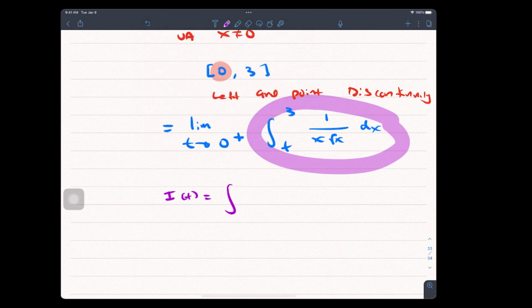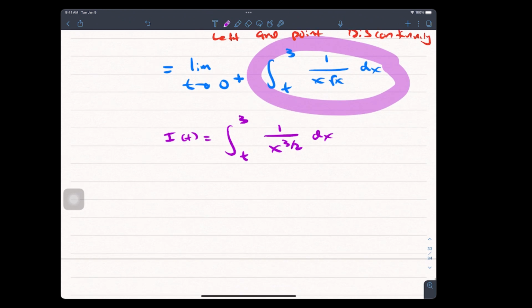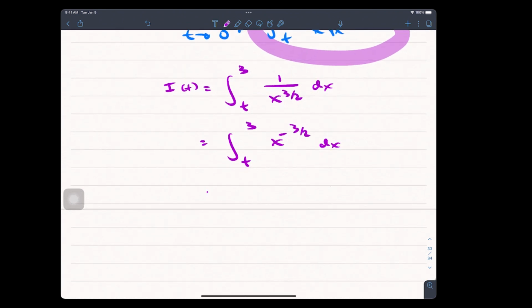I of t is the integral from t to 3 of 1 over, isn't this really x to the 3 halves, by the way? Is that true? So that makes this integral a lot easier to do. You say, what do you mean? That's x to the minus 3 halves. Okay. All right. So what does that give you?